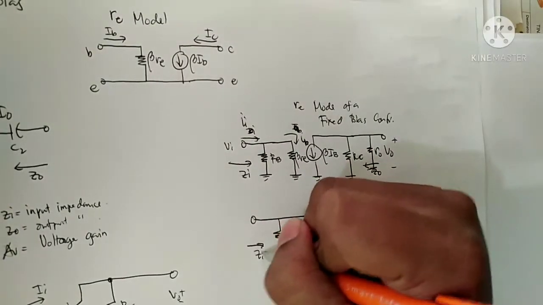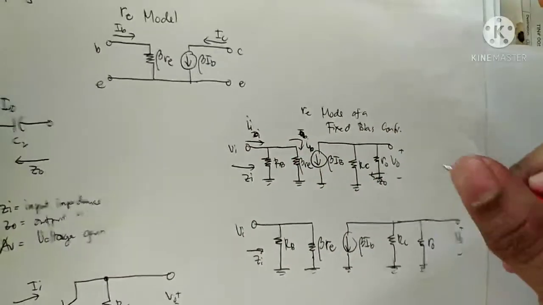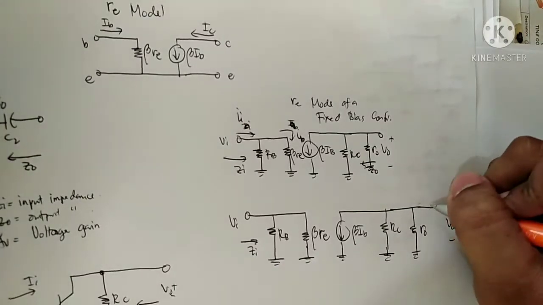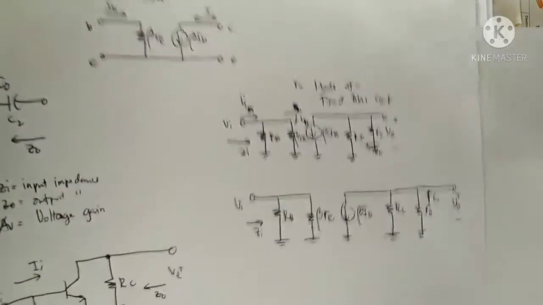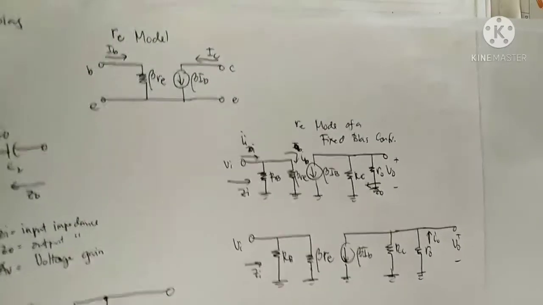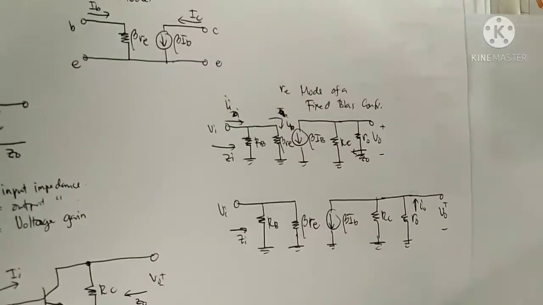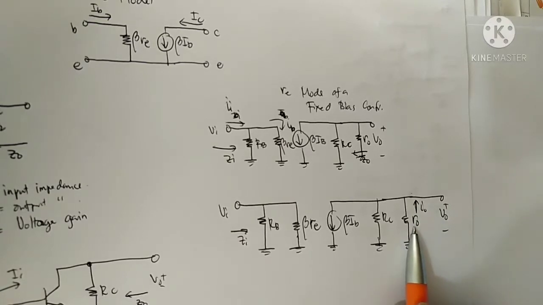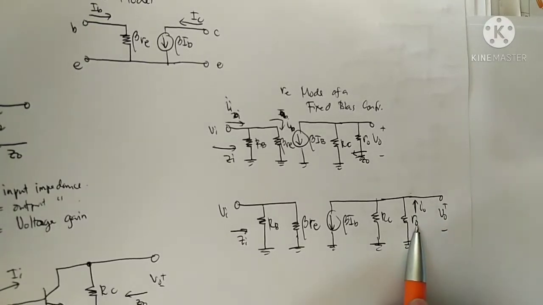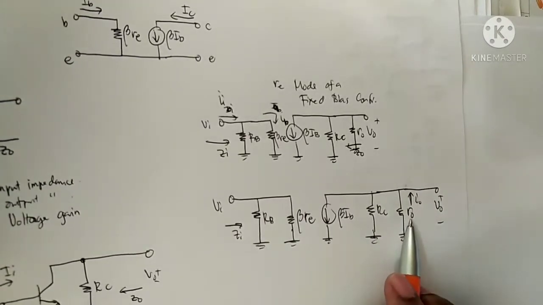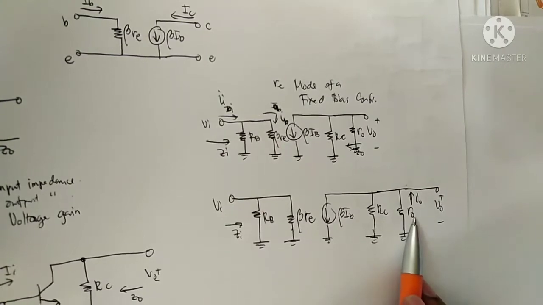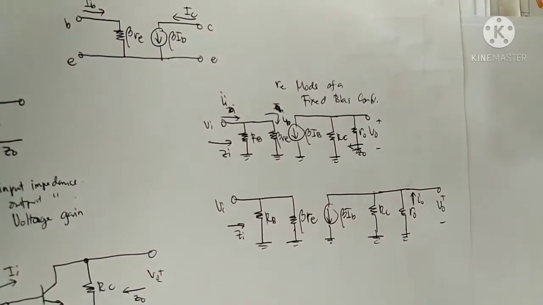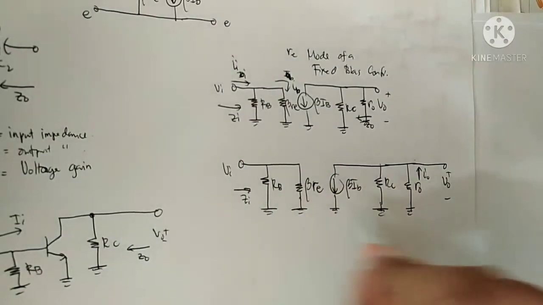This is Zi, Vi, and Io. This is the re model. In the re model, there is ro, but if ro is a larger value, usually it is neglected, as long as it is large. So we have now the re model.